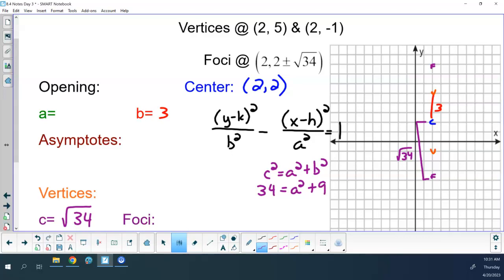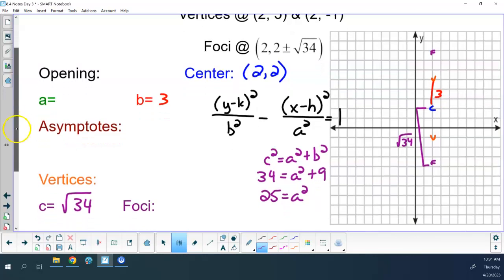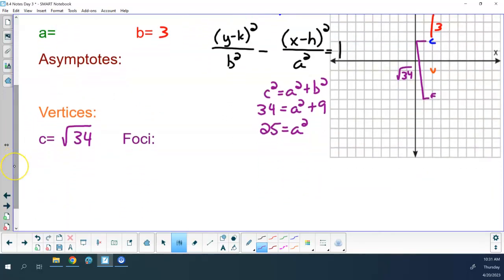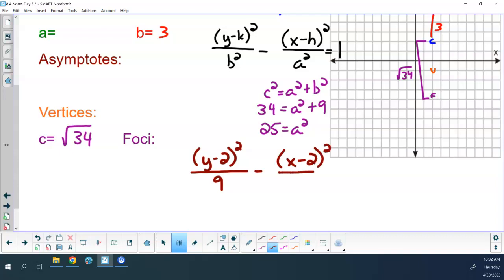Which makes my a squared value 25. That now gives me enough information to write y minus 2 quantity squared all over 9 minus x minus 2 quantity squared all over 25 equals 1.